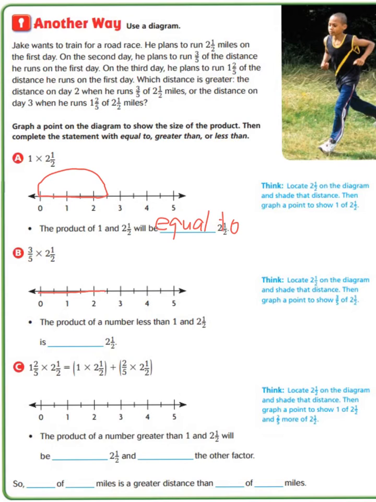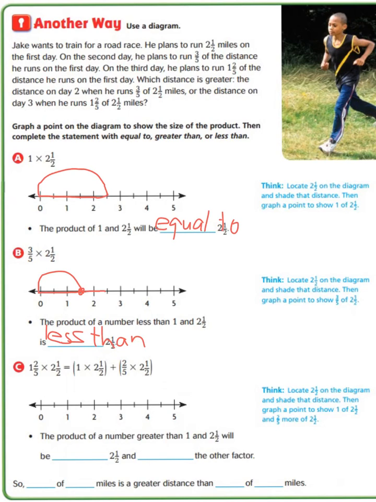So we know he didn't make a whole jump. So let's jump over 3/5 of a jump. And you'll see our dot on the number line shows us where we ended up. So the product of a number less than 1 and 2.5 is less than 2.5.